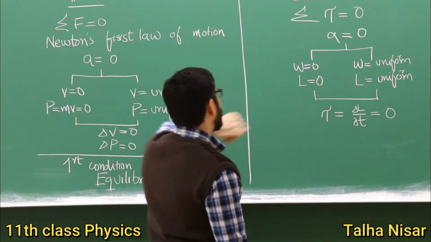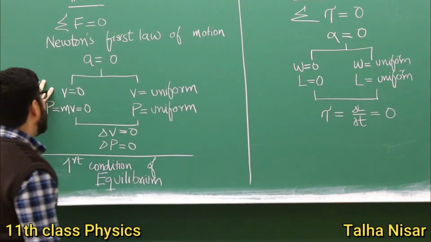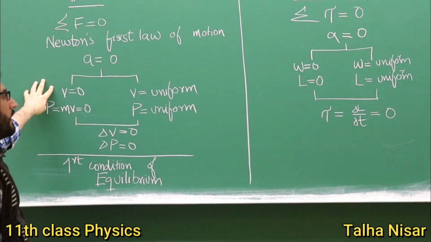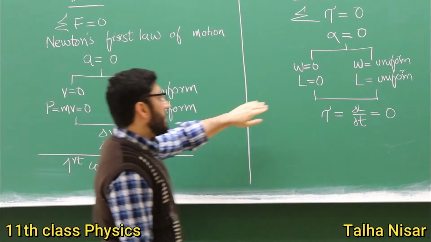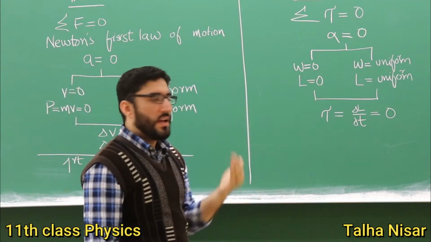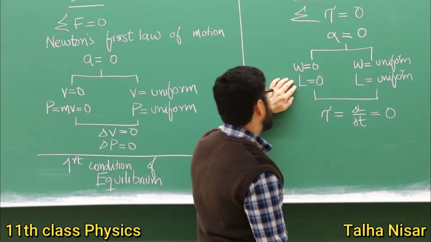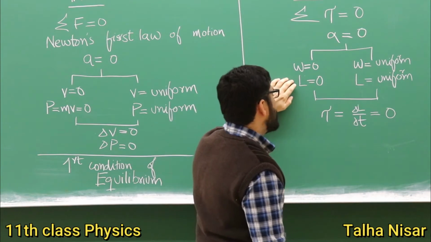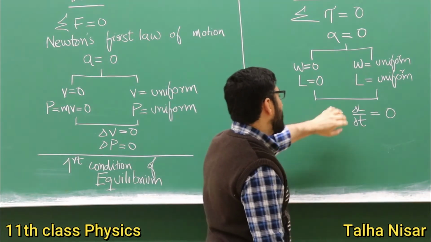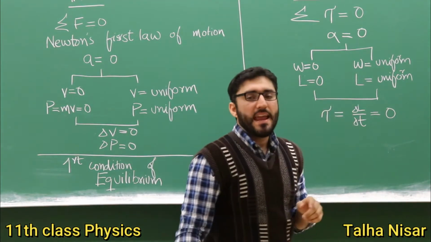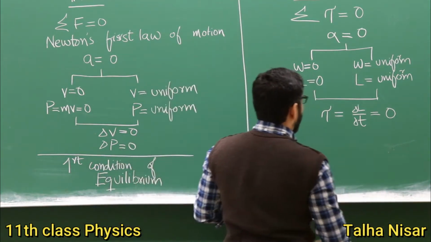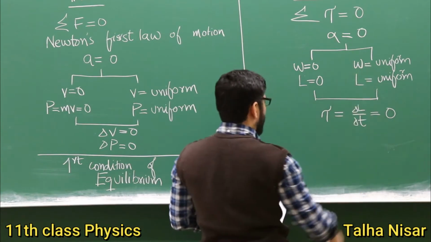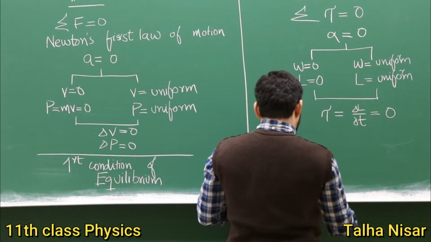The angular speed is equivalent to the linear velocity in the linear case, and for the momentum we have the equivalent, which is the angular momentum. So the torque is equal to the change in the angular momentum with respect to time. If it's 0, this condition will be applied.